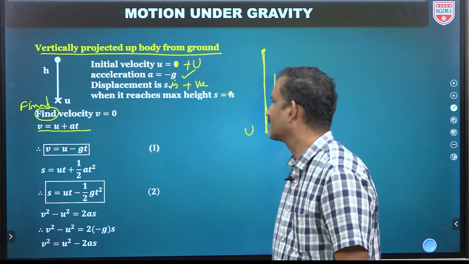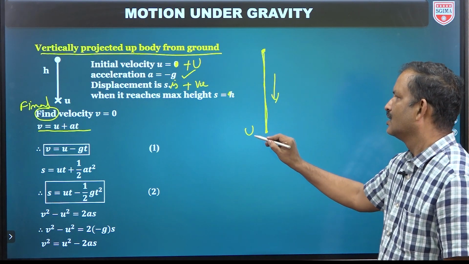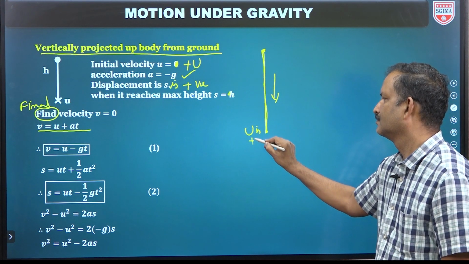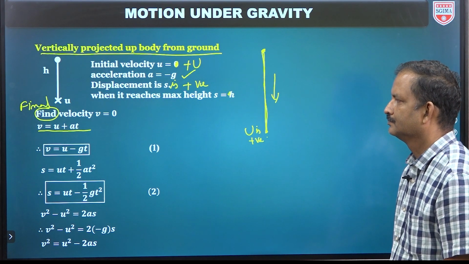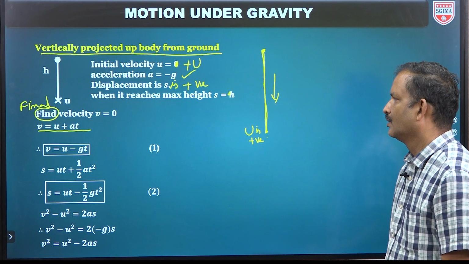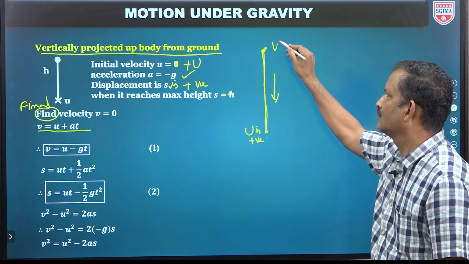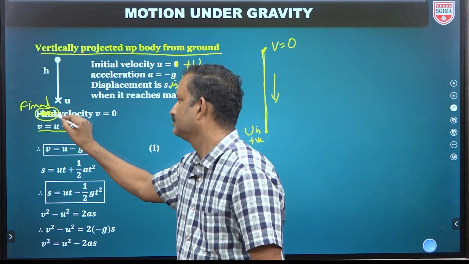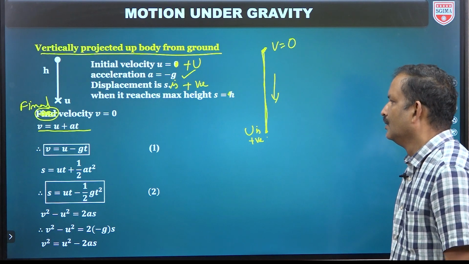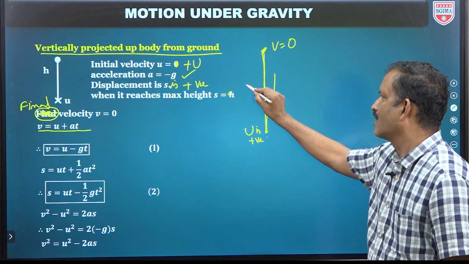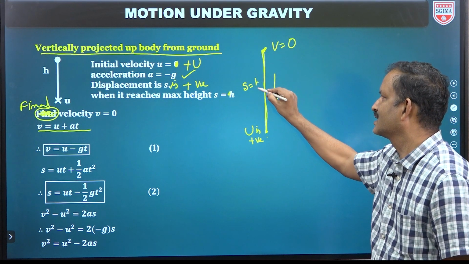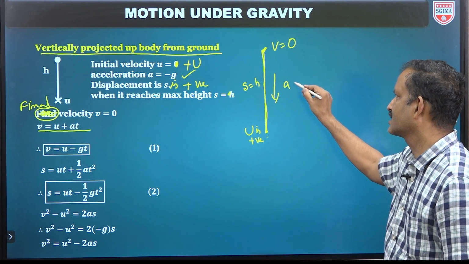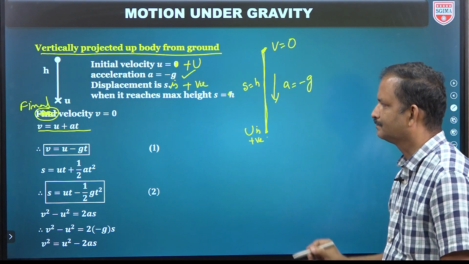This is the first equation. Are you getting this one? So, u is positive, final velocity v is 0. S is, it is going upward, S is equal to plus h. But acceleration, due to the gravitational force, is equal to minus g.